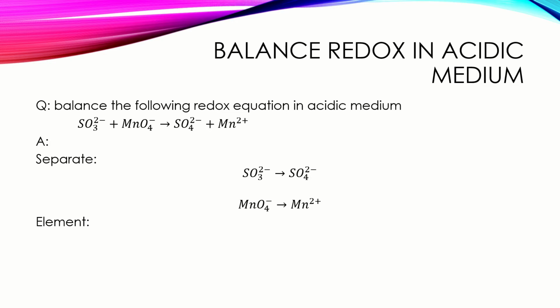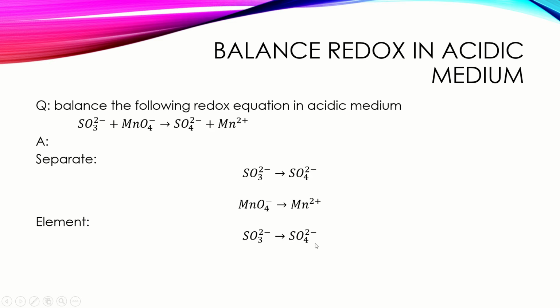Okay, next. We are going to balance each one of these equations separately. We start with balancing the elements. After we separate the equation into two, the next step is to balance the elements. For the oxidation reaction, we have one sulfur on the left side and one sulfur on the right side, so the sulfur is balanced.